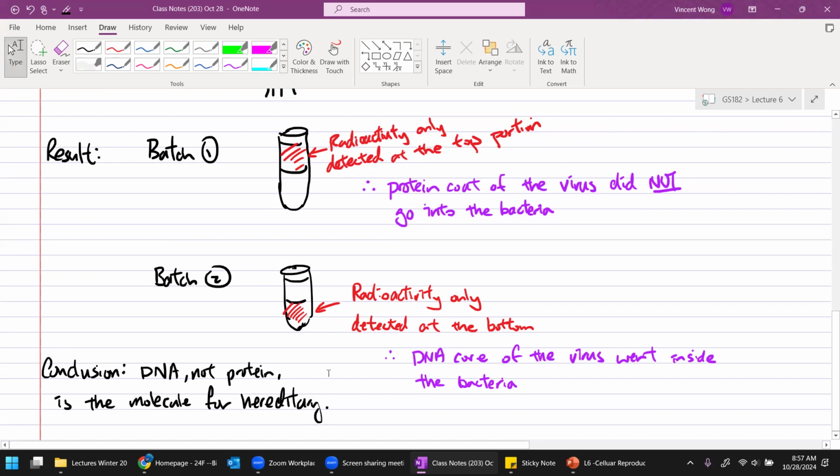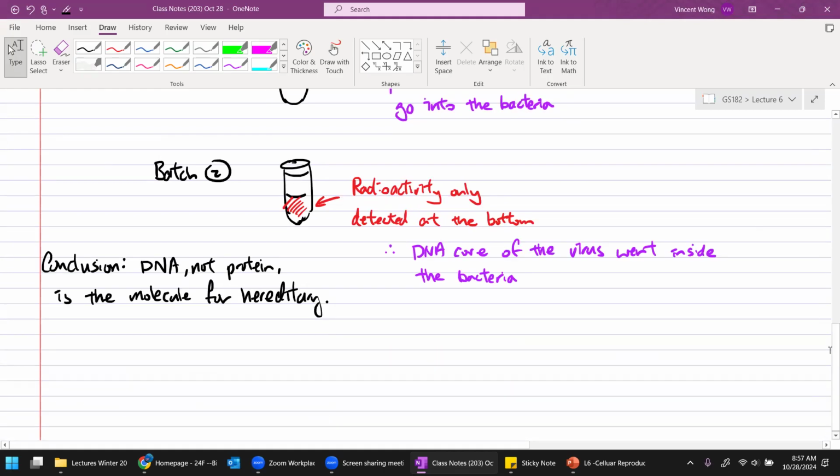So based on the results, they concluded that DNA and not protein is the molecule for heredity.